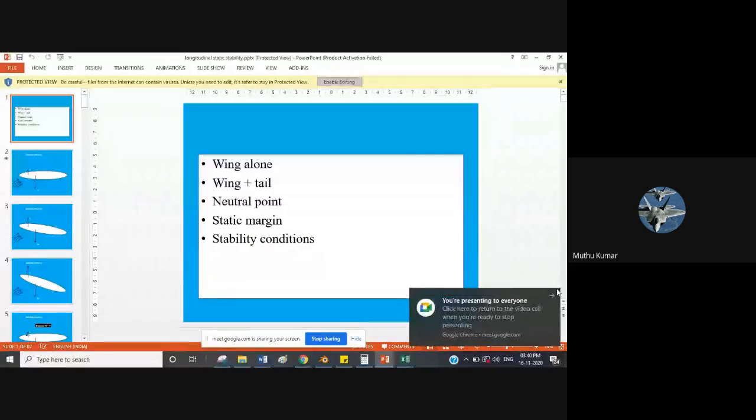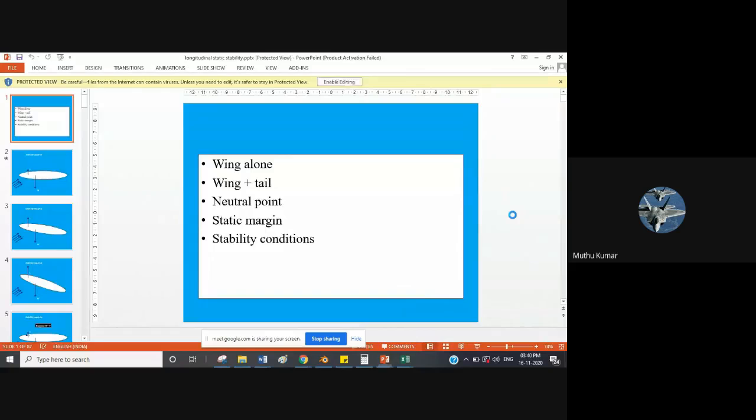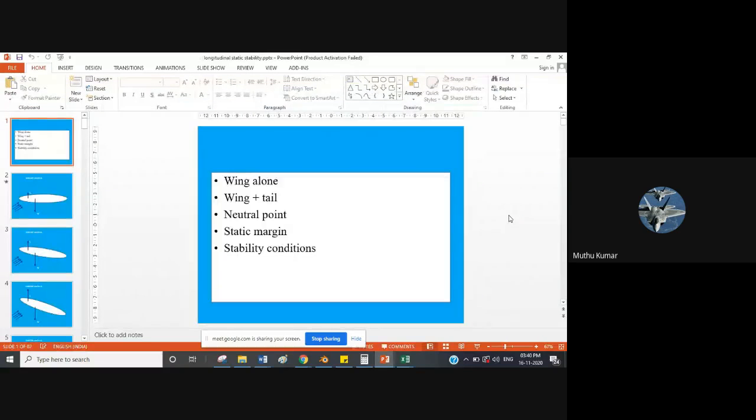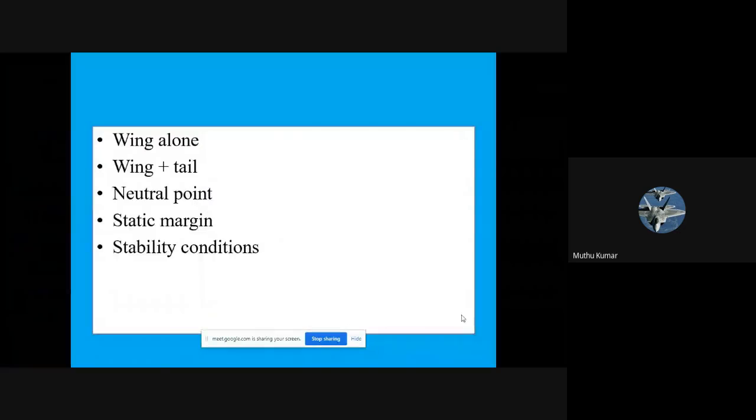Let me quickly show you longitudinal static stability and lateral directional stability, so I can give you an all-round idea.